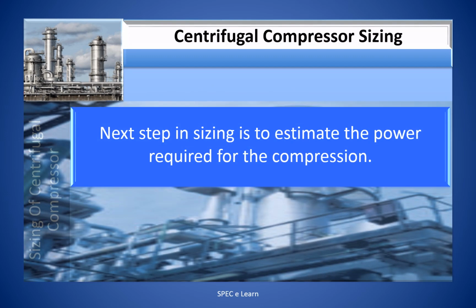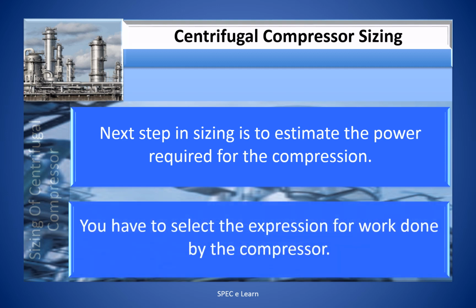The next step in sizing is to estimate the power required for the compression. You have to select the expression for work done by the compressor. There are two expressions for the work done on the gas: adiabatic work done and polytropic work done. In recent times, polytropic expressions are widely used for estimating the work done.